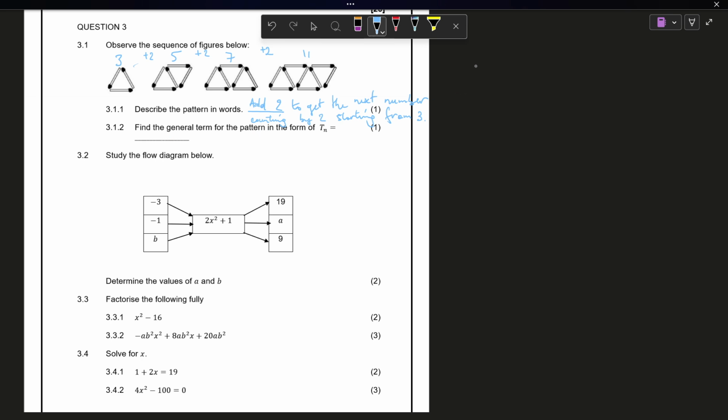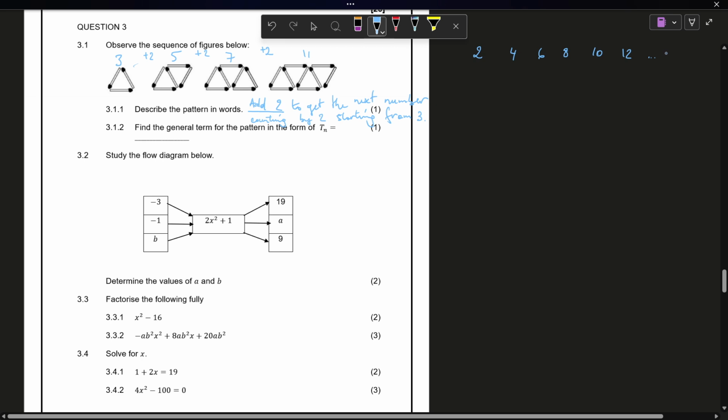Okay, right. Let's come this side here on the right. We said that in this pattern, we are counting by 2. But in primary school, how did you learn to count by 2? Well, you said 2, 4, 6, 8, 10, 12, and so on. That "and so on" is basically a general term.